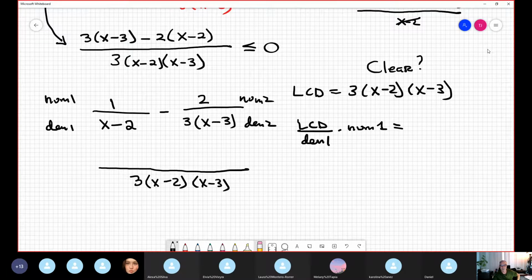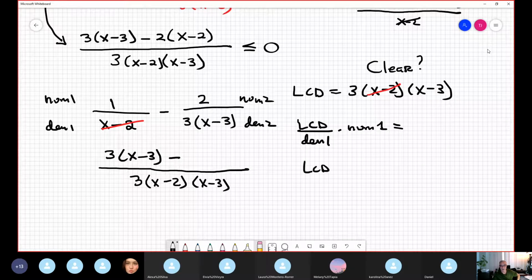So when you divide the LCD, which is this guy, by denominator 1, which is x minus 3, it's obvious, let me use red color, that part is cancelled. And stay only 3 times x minus 3 times 1, which is 3 times x minus 3. Do you follow me?